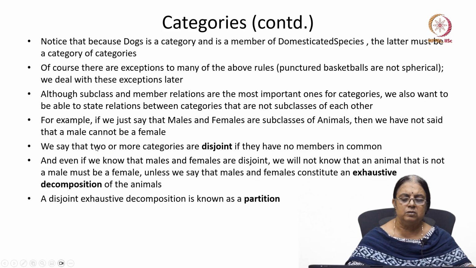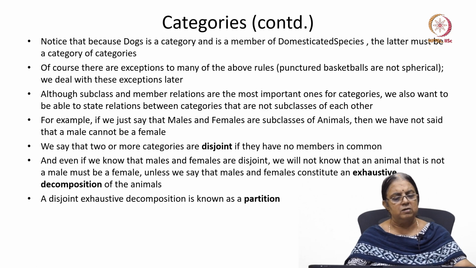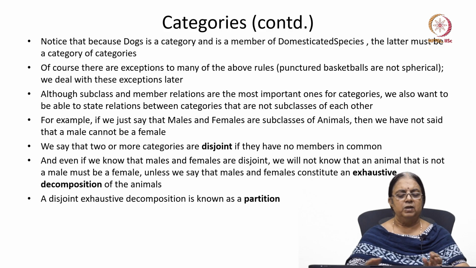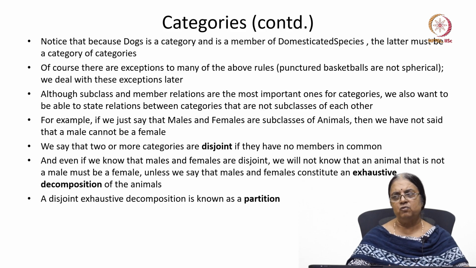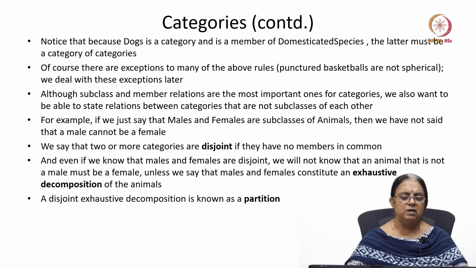Once you have categories, each category will have certain objects in it. Now if you have two categories where no member of one category is a member of the other category, so if it is a member of one category, it's not a member of the other, then you say the two categories are disjoint. So they don't have any member in common. The second one is what is called the exhaustive decomposition.